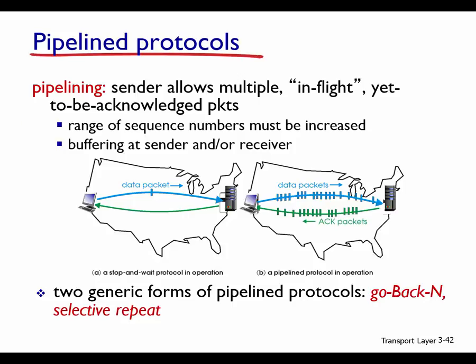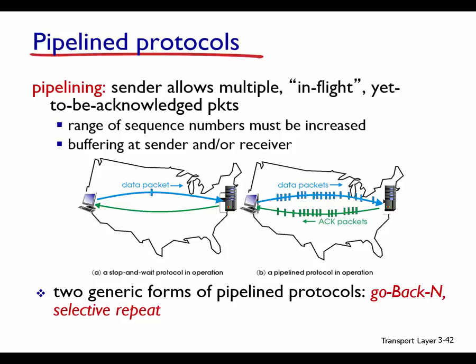We're going to focus specifically on TCP as we go forward. But before we do, we'll talk a little bit about pipelining. We need to understand pipelining to better understand how TCP takes care of congestion control and flow control.